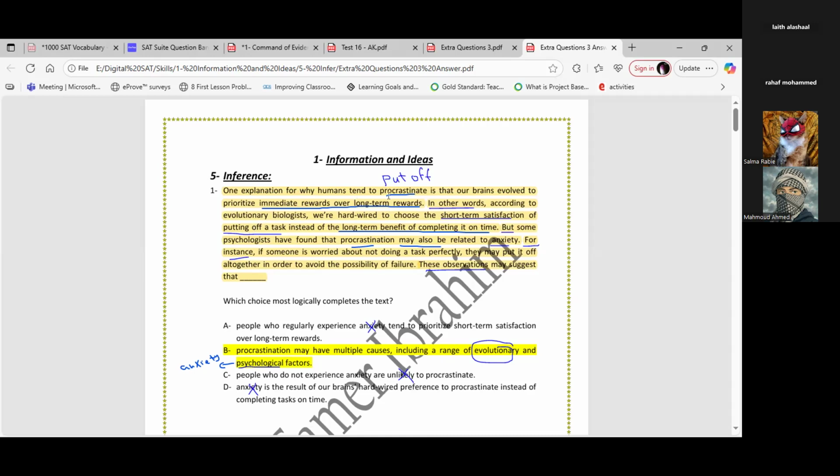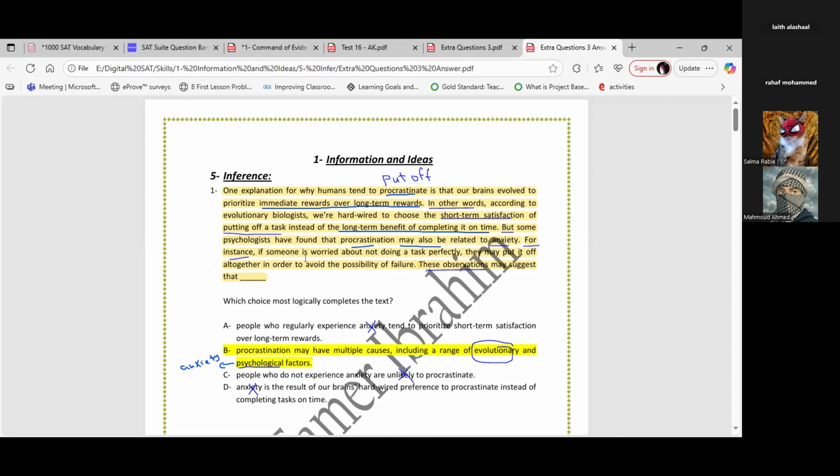Take care, he repeats procrastinate, and means put off and repeats again. Instead of the long-term benefit of completing it on time. But some psychologists have found that procrastination, the third time that it is repeated, may also be related to anxiety. For instance, if someone is worried about not doing a task perfectly, they may put off the fourth time altogether in order to avoid the possibility of failure.